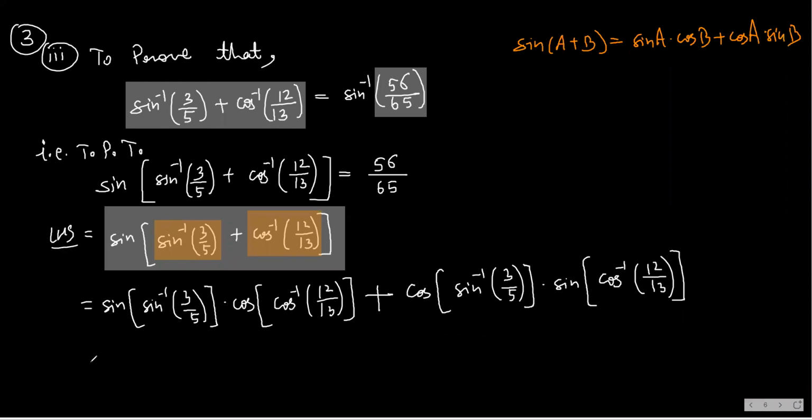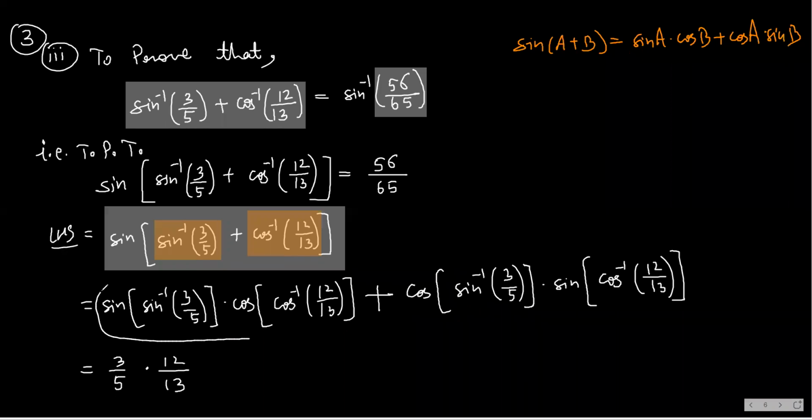Okay. Now see the next step. As you all know, sine of sine inverse x is x, so this is 3 by 5, and cos of cos inverse x is x, so this is 12 by 13.